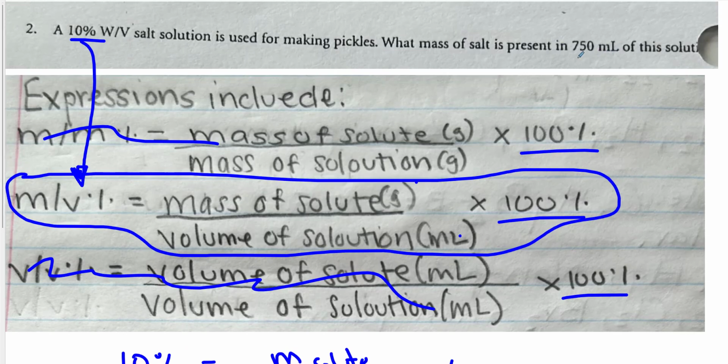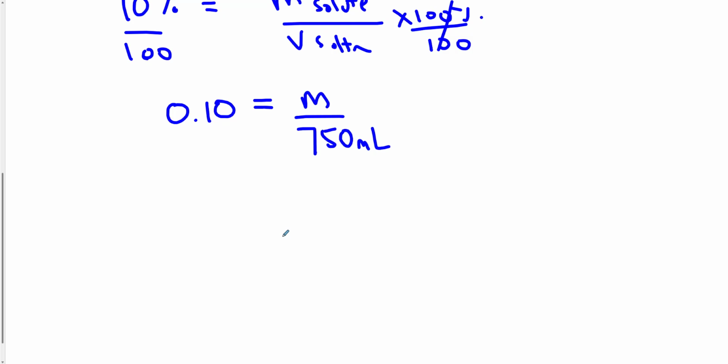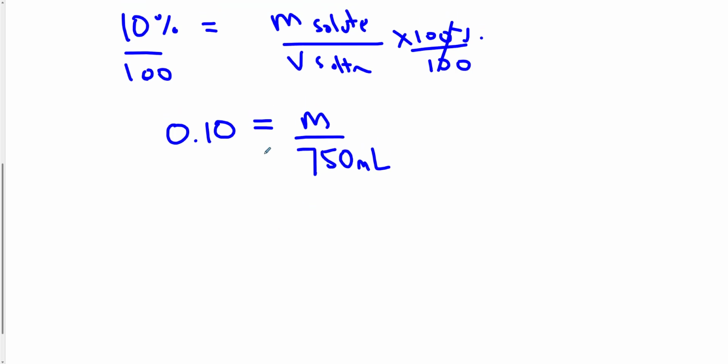All right. And we know that this is 750 milliliters of solution, right? So that means this is going to go at the bottom, exactly. That's 750 mils. So we have 750 here. And now it's pretty easy to solve for our unknown. What do you think? Exactly right.